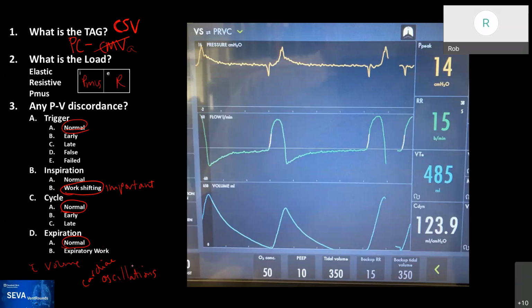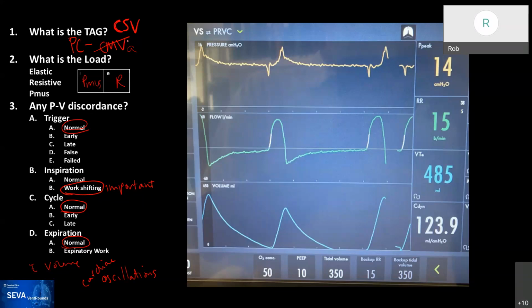Now, what is the actual targeting scheme, right? And is this CMV or is this CSV? The only way to figure that out is either look at more breaths or look at what the ventilator says the mode is.